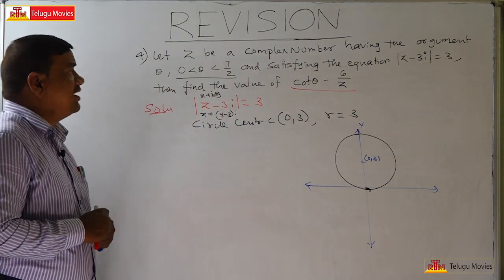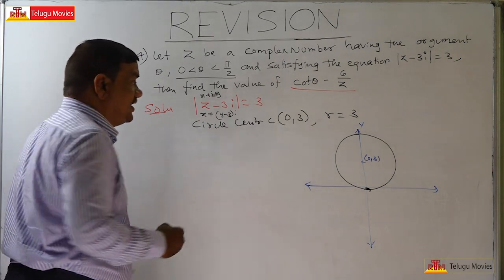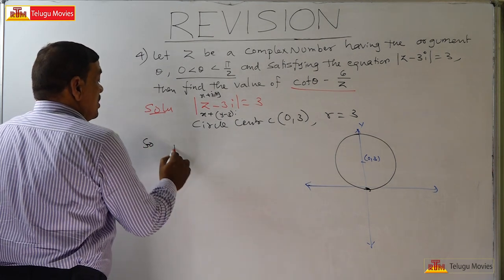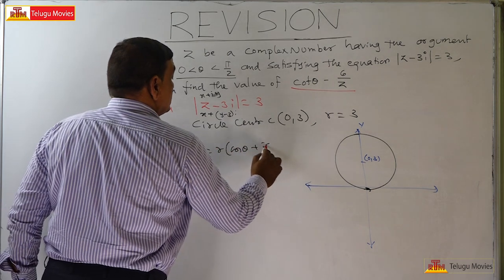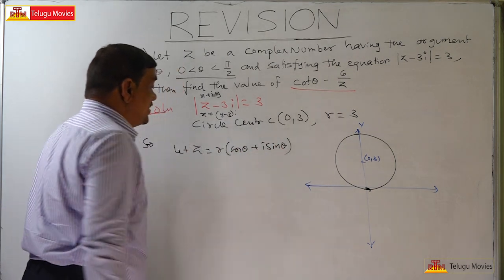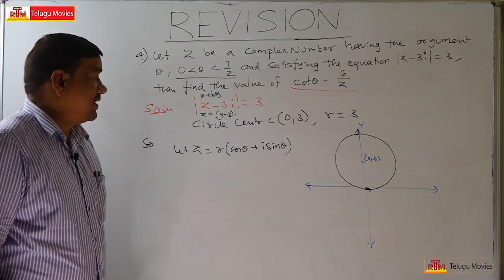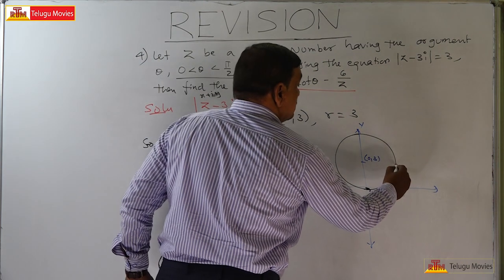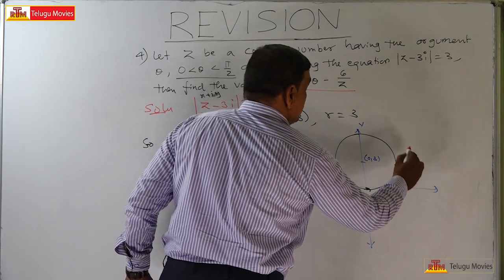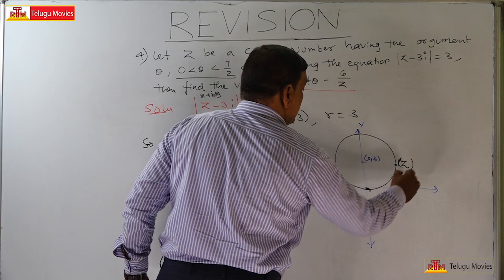Now let z be a complex number, he is saying. Let z is equal to r (cos theta plus i sin theta). Z is a point satisfying this equation, that means a point P of z.